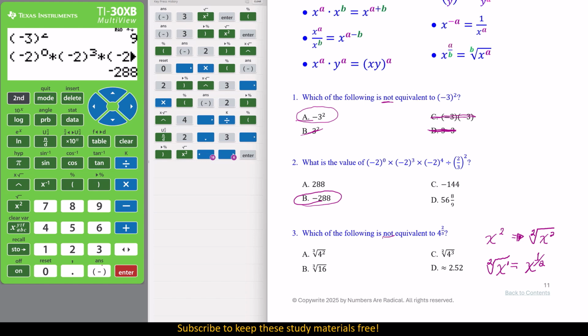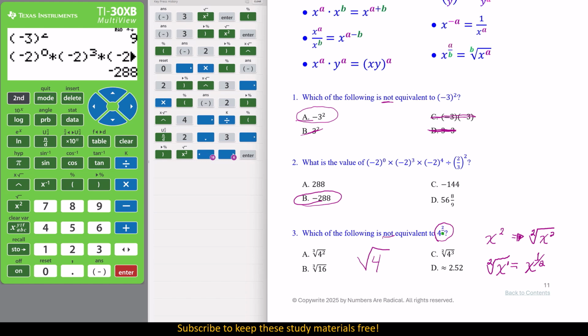Now look at where the 2 is. The 2 is the denominator, and the 1 is the numerator. Now let's do that here. 4 is the base. Let's look at our denominator. Let me highlight that.